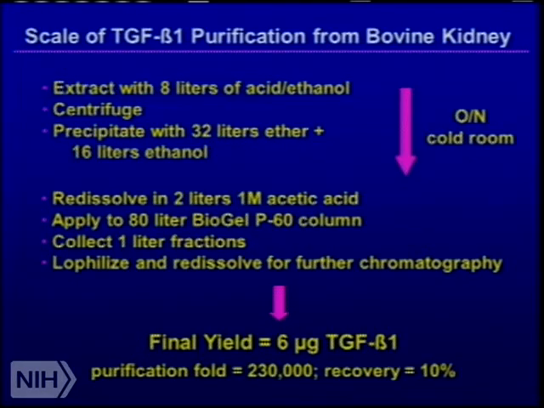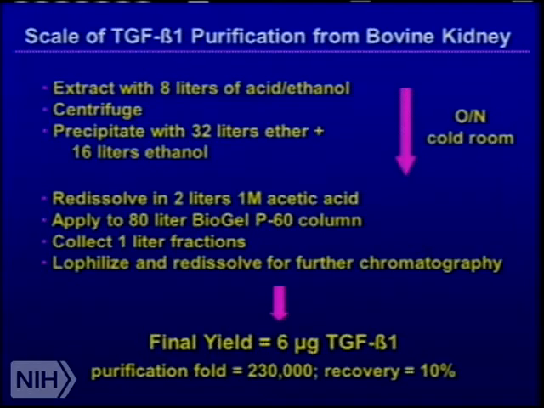extract was then left to precipitate with ether ethanol overnight in the cold room. The next day, the precipitate was redissolved in acetic acid and then applied to an 80-liter Bio-Gel P60 column for purification. 1 liter fractions were collected, and these were then lyophilized and redissolved for further chromatography purification.